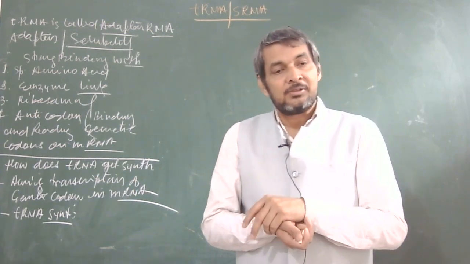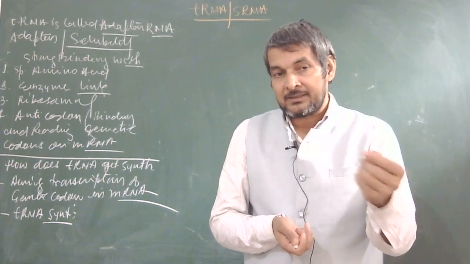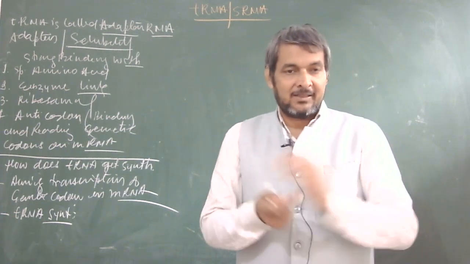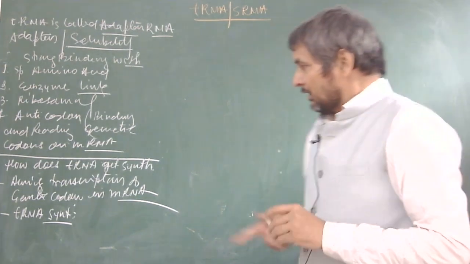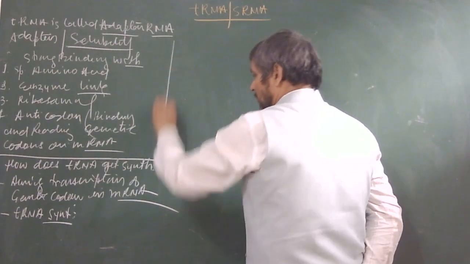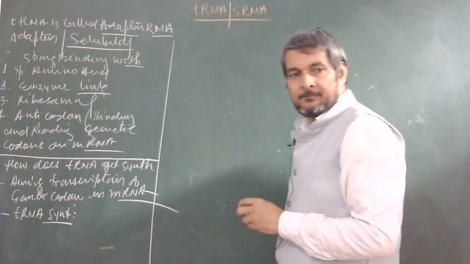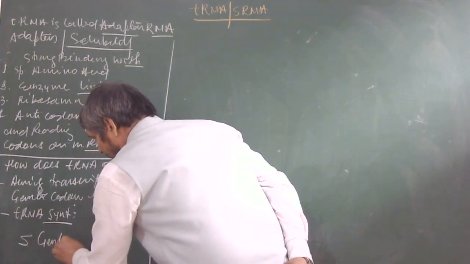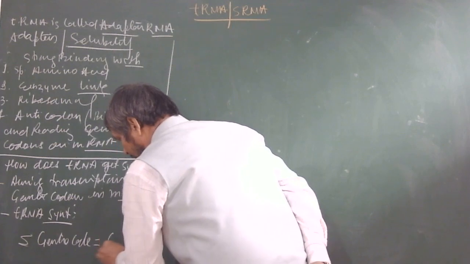Your transfer RNA, but that figure may fluctuate slightly, I will tell you. Normally, how many genetic codes are there in total? The total genetic code is equal to 64.